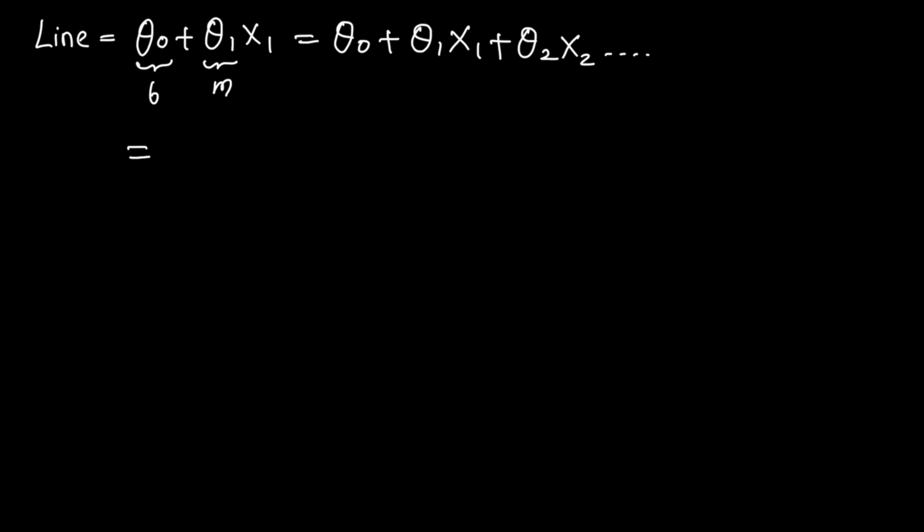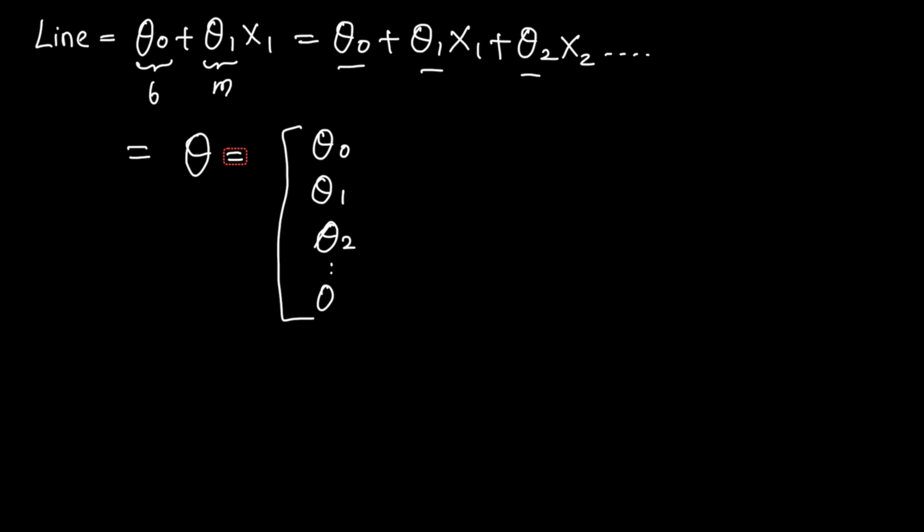Whenever I write a vector theta in machine learning, deep learning, or linear algebra in general, it's always a column vector. So let's assemble all these thetas into one column vector: theta naught, theta 1, theta 2, dot dot dot, theta n.